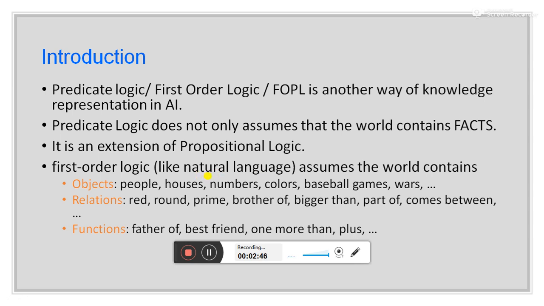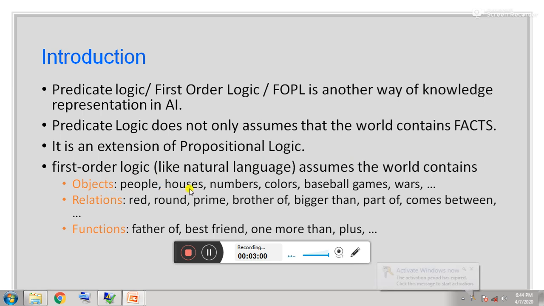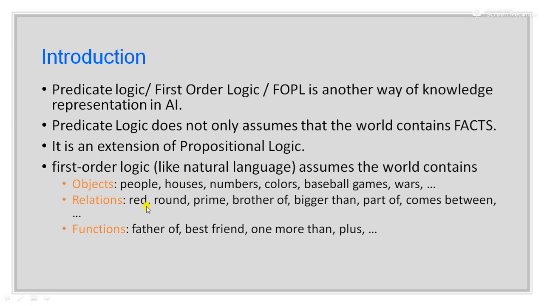Basically this representation assumes the world contains objects, relations, and functions. Objects are people, houses, numbers, or colors. These objects have relations like red, round, prime, brother of, bigger than, part of, and so on.